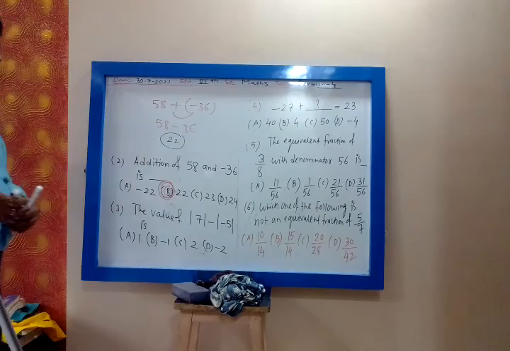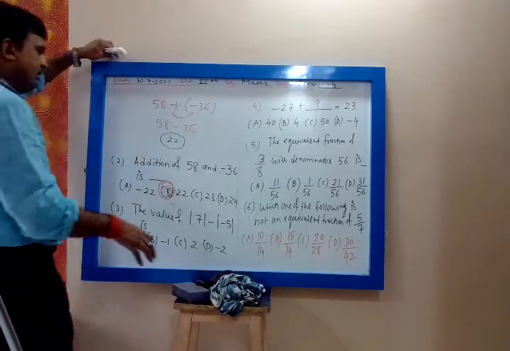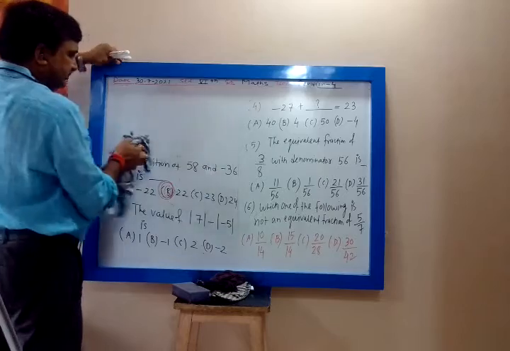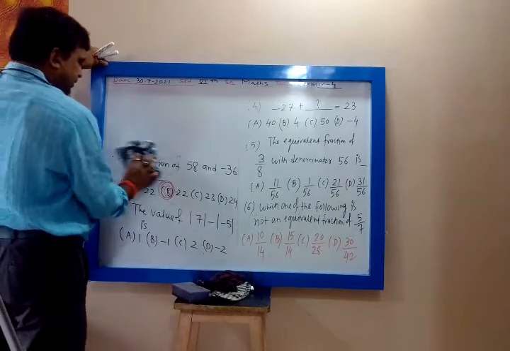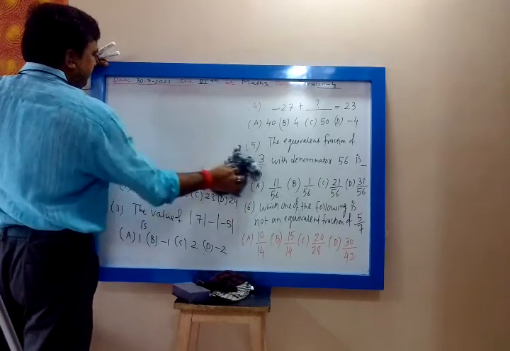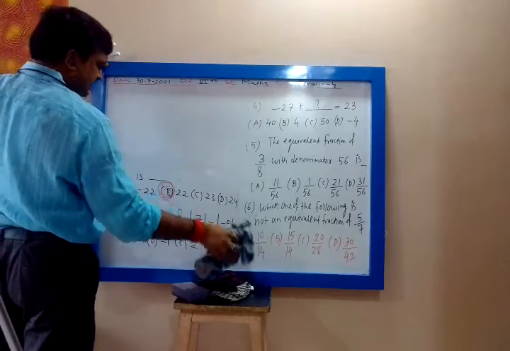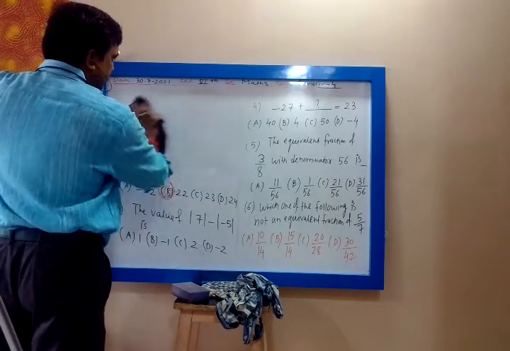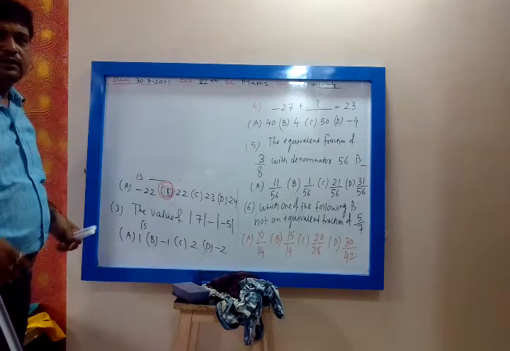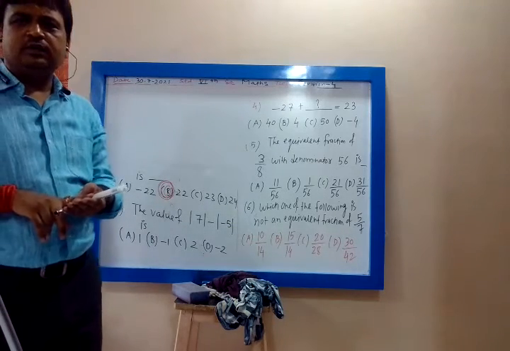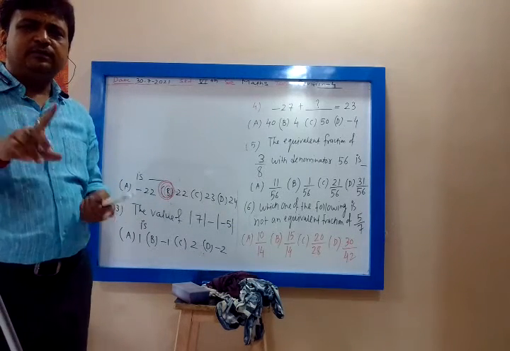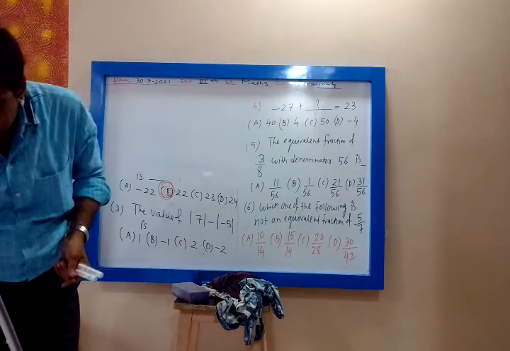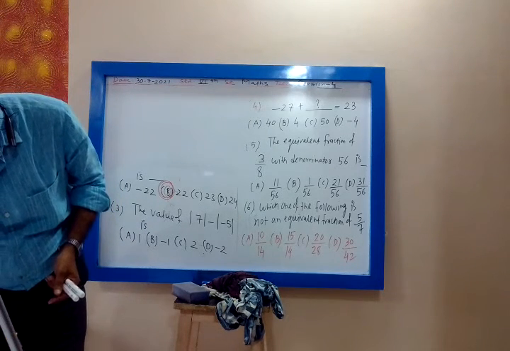Now next, the third one. The value of mod of 7 minus mod of minus 5. Positive 2.